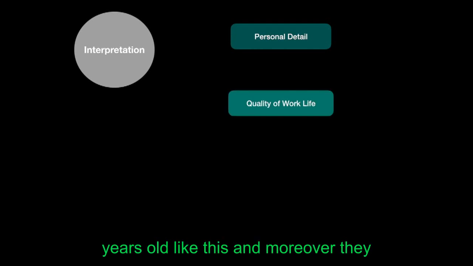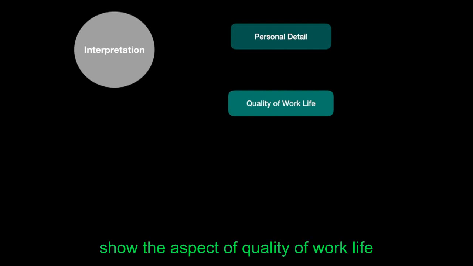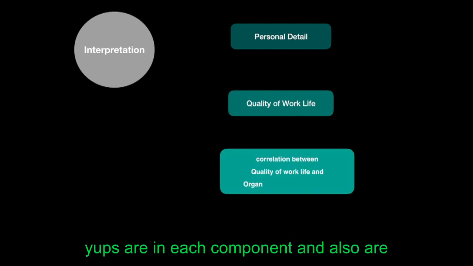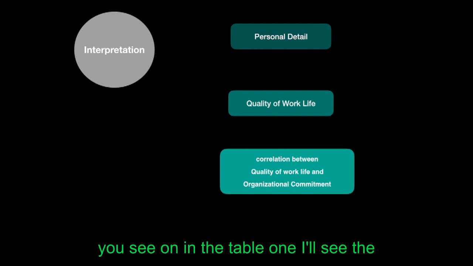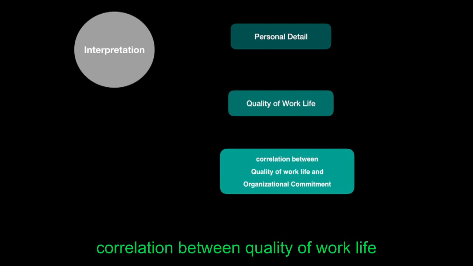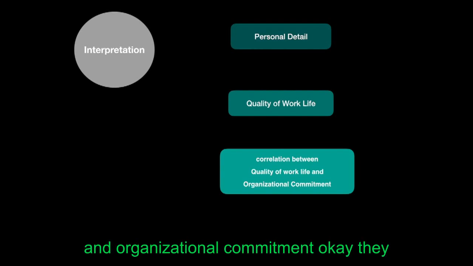And moreover, they show the aspect of quality of work life in each component. And also, you see in the table 1, the correlation between quality of work life and organizational commitment.